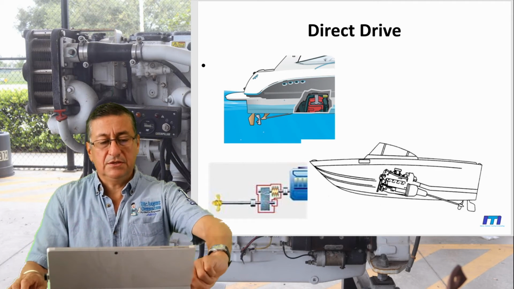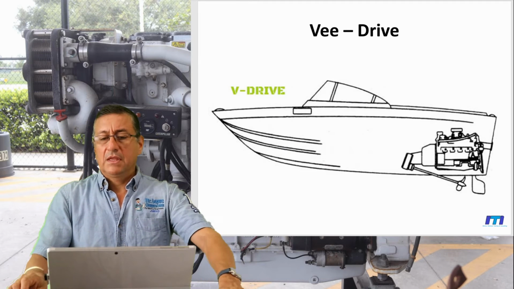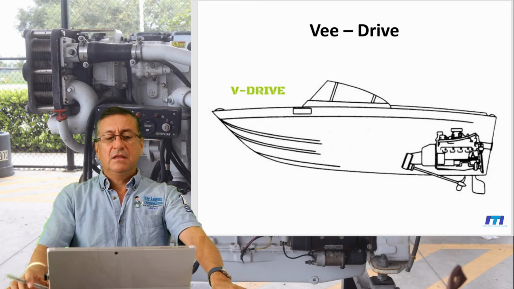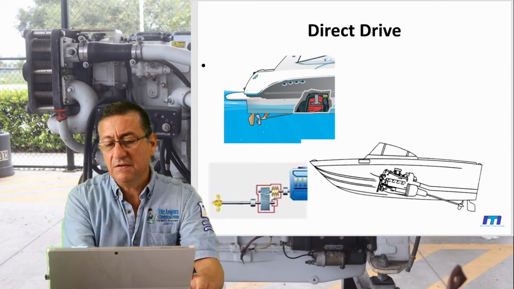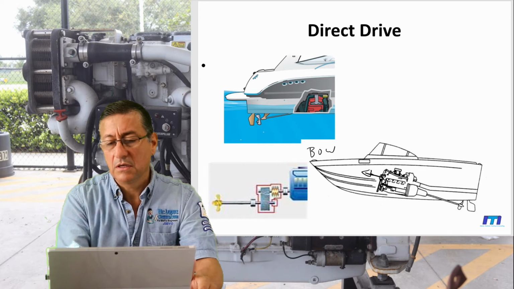This is the same picture. And this is the V-drive. In this picture, the engine is facing forward. This is the bow, and this is the stern.